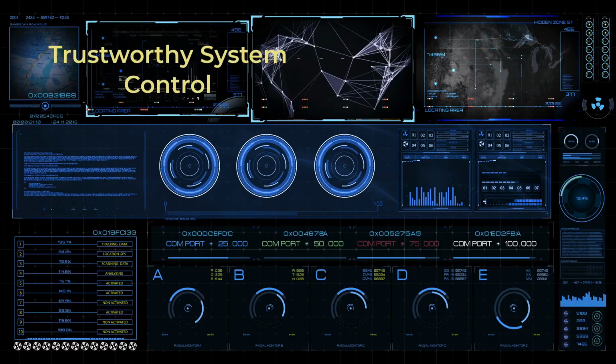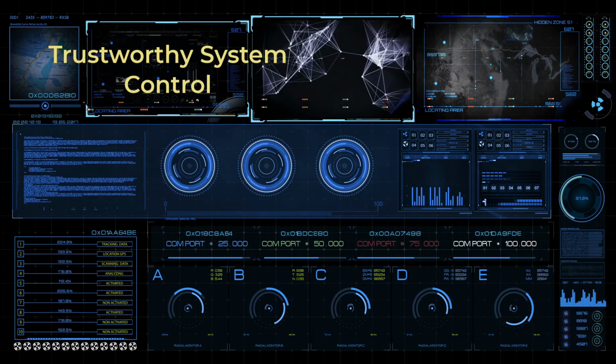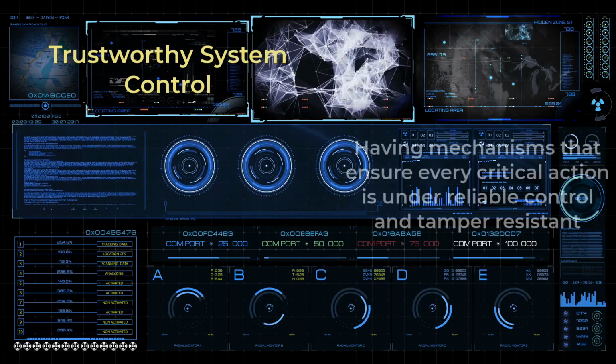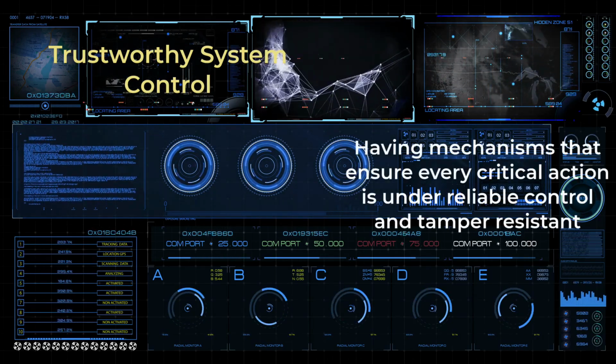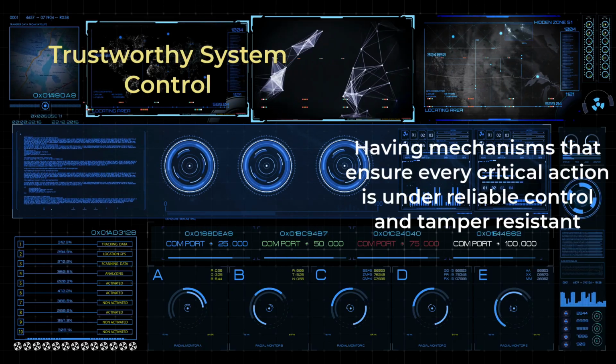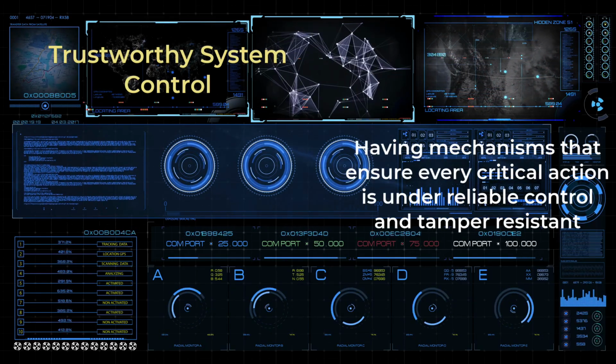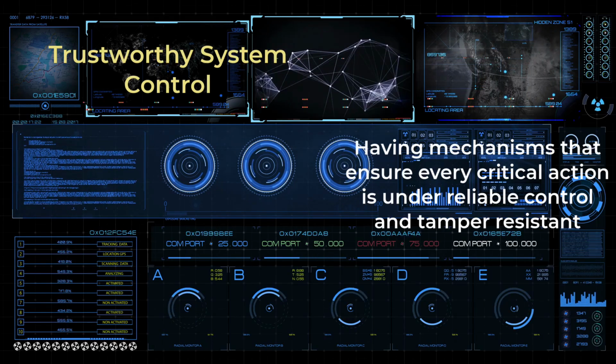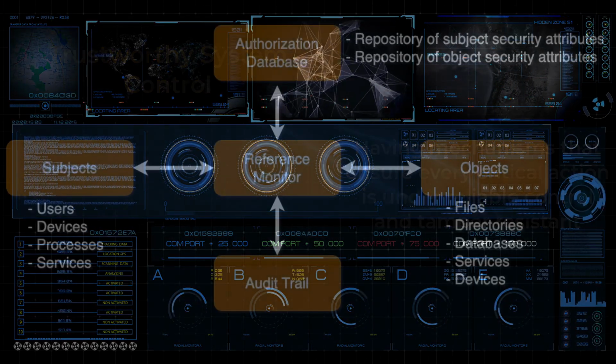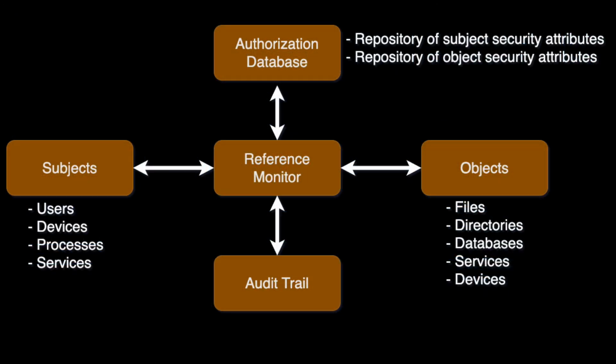Recalling that it was mentioned under continuous protection, trustworthy system control refers to having mechanisms that ensure every critical action is under reliable control and cannot be tampered with. Essentially, think of this as implementing robust reference monitors in the system. A reference monitor is an element, hardware or software, that controls access and is itself verifiable and protected from tampering.